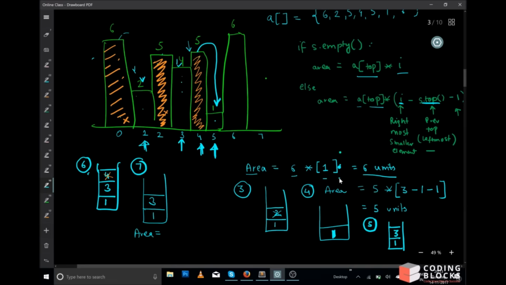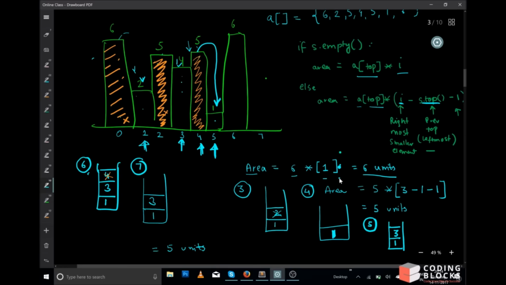So area is going to be 5 into rightmost obstruction is at index 5. What is the leftmost element here? The leftmost element is the third index. So minus 3 minus 1. So it is going to be 5 units, right? So you can clearly see the orange region has an area of only 5 units.